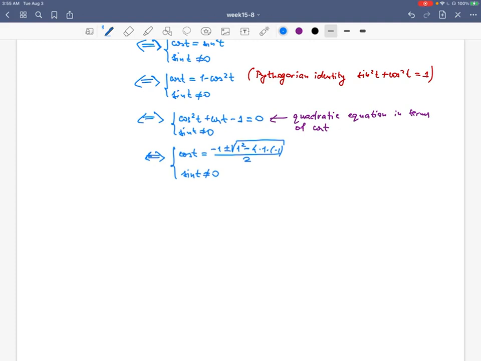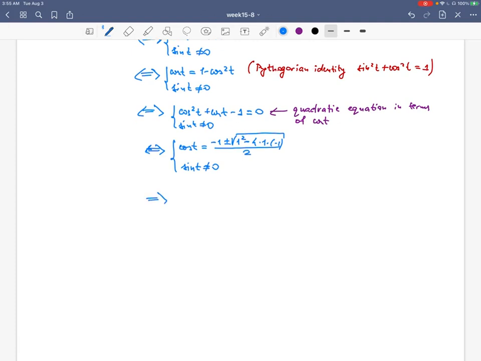Now, that means that either cosine t equals -1 minus root 5, the expression under the square root is 5, over 2, and sine t is not 0. Or that cosine t equals -1 plus root 5 over 2, and sine t is not 0.